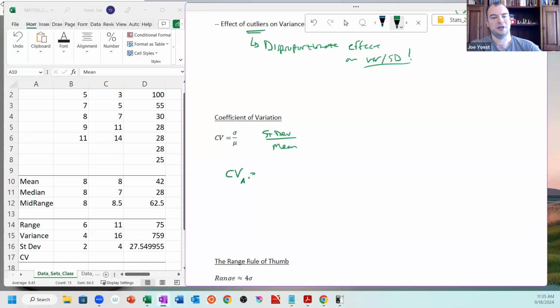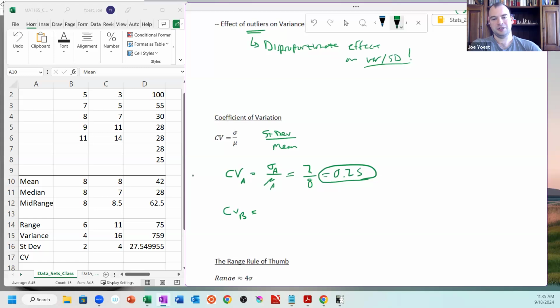The coefficient of variation for the Ashley data is the population standard deviation for Ashley over the population mean for Ashley. That's 2 divided by 8, or 0.25. In other words, the standard deviation is 25% as large as the mean.